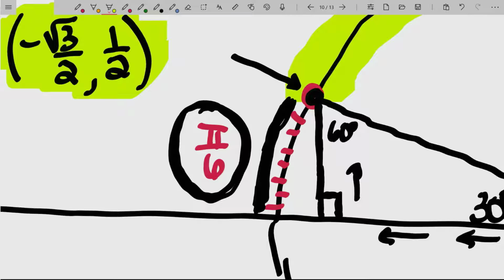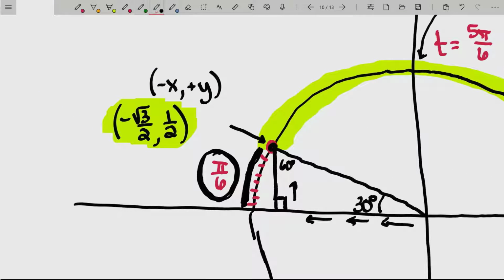Notice that other length, pi over 6, is the shortest distance between that terminal point and the x-axis. That distance that I'm highlighting is defined to be the reference number. So this would be t hat, or t bar, whichever you prefer.